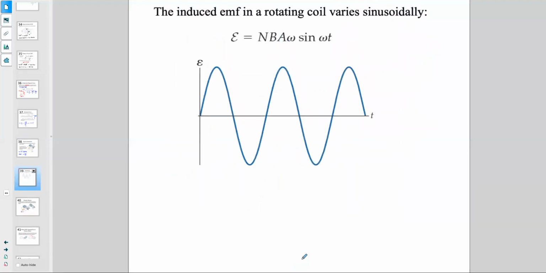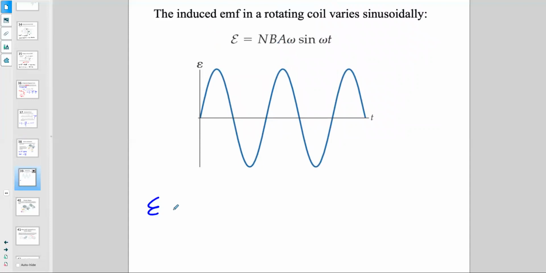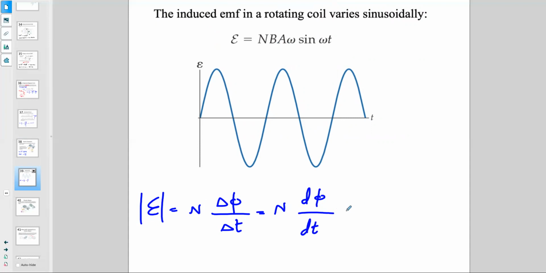So if I want to write it down, the value for E, or EMF, is negative N delta phi over delta t. If this is happening in a very short amount of time, delta can be replaced with d, okay?